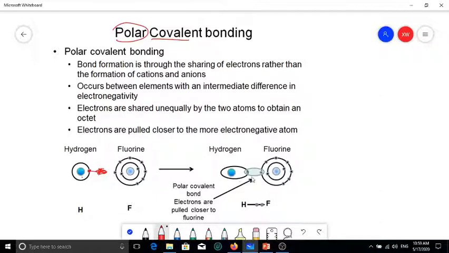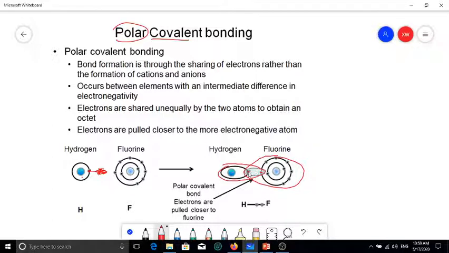So what's going to happen is they're still going to end up sharing these 2 electrons. The hydrogen, like we already said before, only needs 2 electrons around the nucleus, whereas fluorine will look like it has 8 electrons around it.